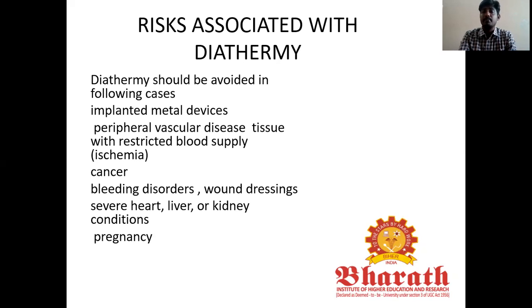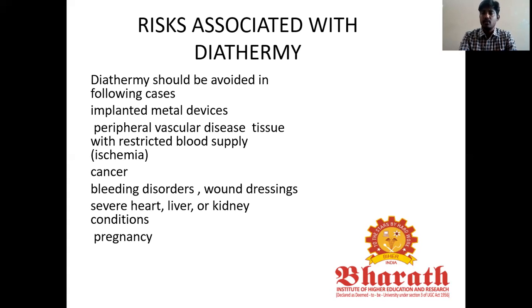At the same time, patients with peripheral vascular diseases, patients with an implanted cardiac pacemaker, patients with restricted blood supply, cancer patients, bleeding disorder patients, patients with wound dressings, and severe heart and liver injury patients. Also, those who were treated with lithotripsy, who came for kidney stones to relieve pain, and pregnant ladies. These are the common risks associated with diathermy.